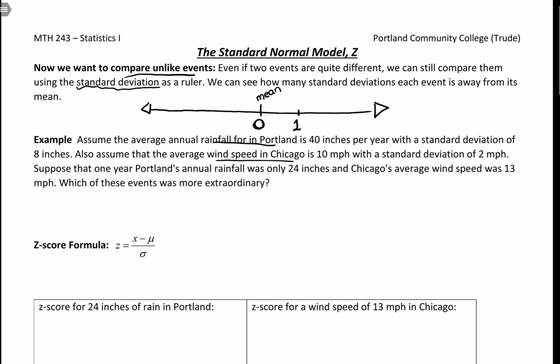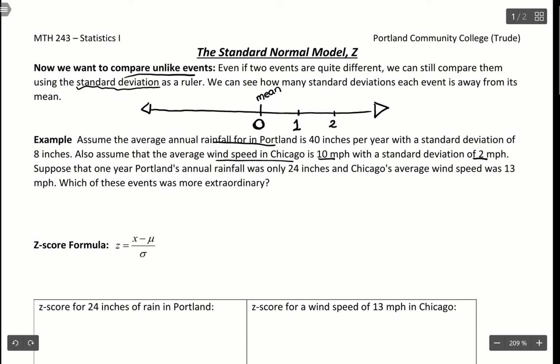So in terms of rainfall, that would equate to 48 inches of rain. If we're working with Chicago wind speed with an average of 10, standard deviation of 2, it would be the equivalent of 12 miles per hour. But what we end up with is this number line where we can equate different values, but this brings through kind of equal likelihood of seeing those two values. And then we could look at 2, and we could keep on this number line.